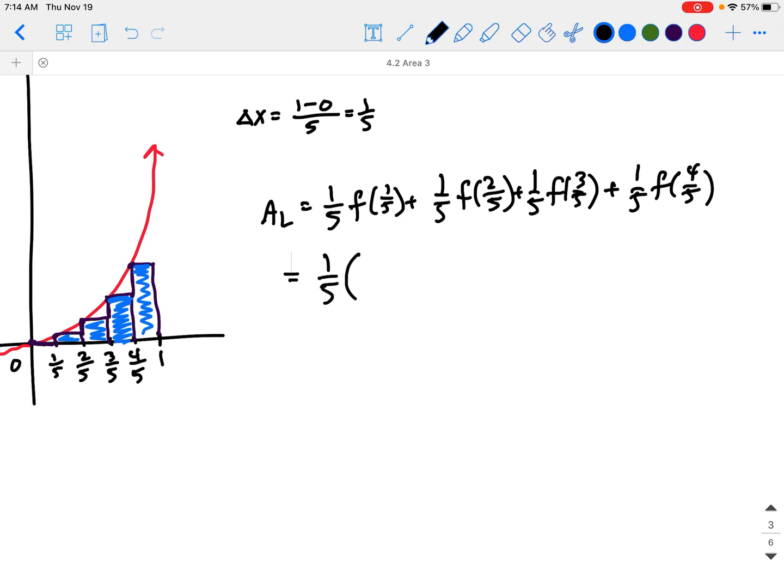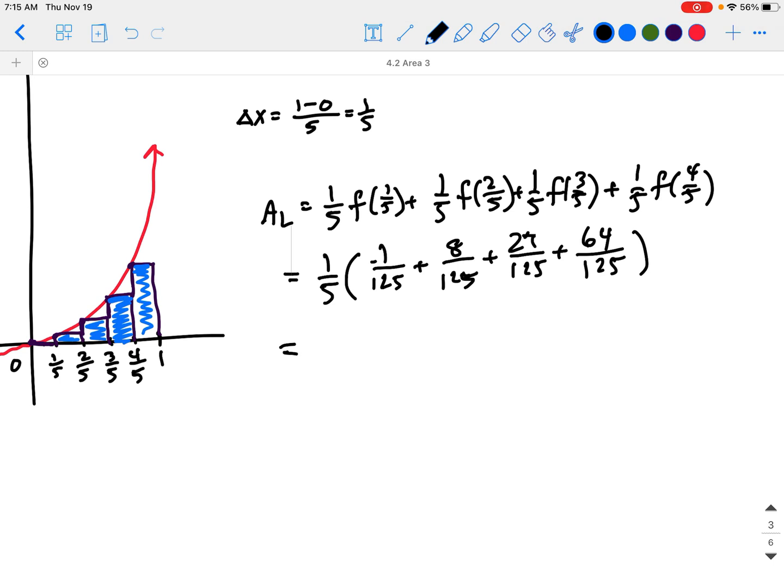So we can factor out the 1/5, and then let's cube all of these. So we'll have 1 over 125 plus 8 over 125 plus 27 over 125 plus 4 cubed is 64 over 125. So we're going to end up with, it looks like 64 and 27 is 91, and 9 is 100.